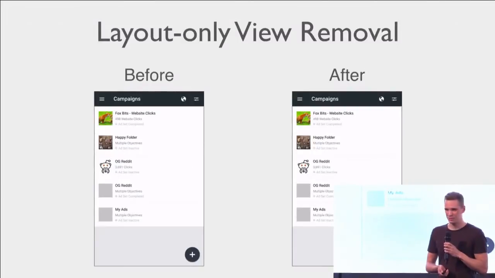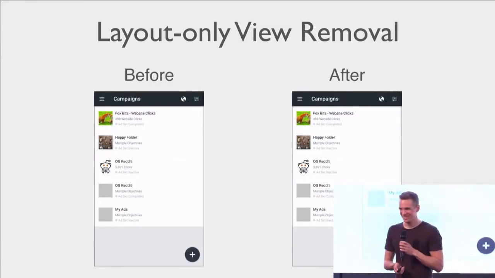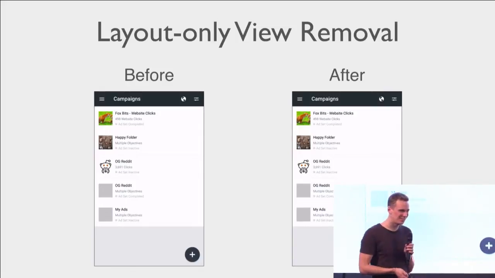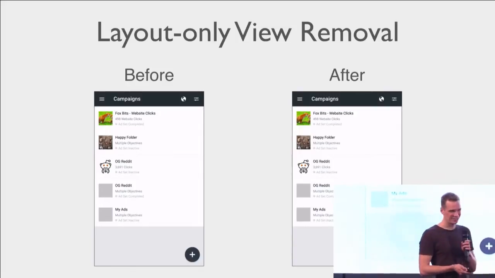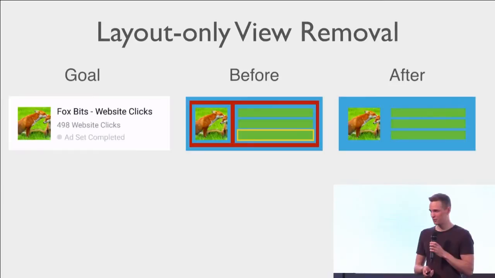There's one more Android-specific optimization to the layout. Can you tell the difference between these two pictures? Okay, there is no difference, they look the same. But under the hood, there is a difference because we've removed some Android views.